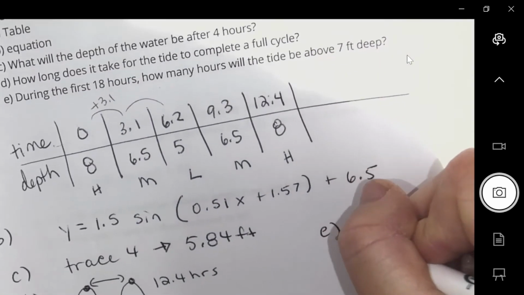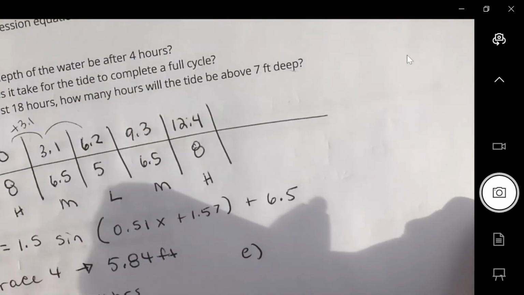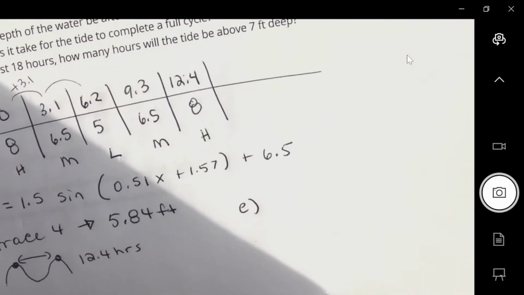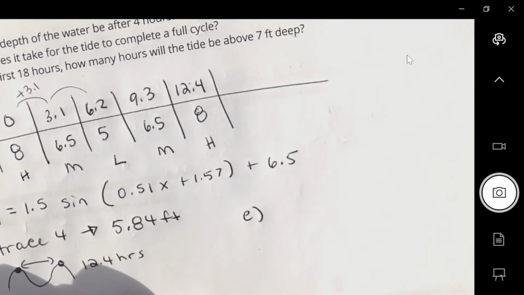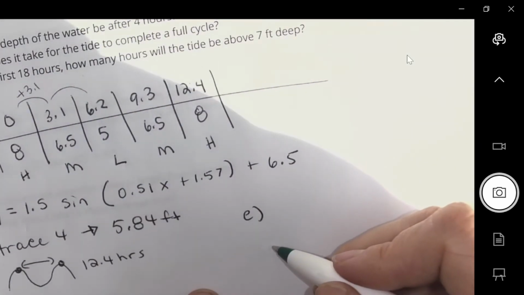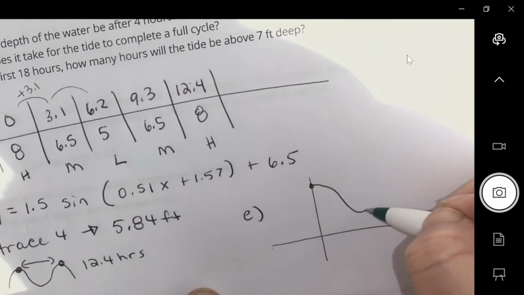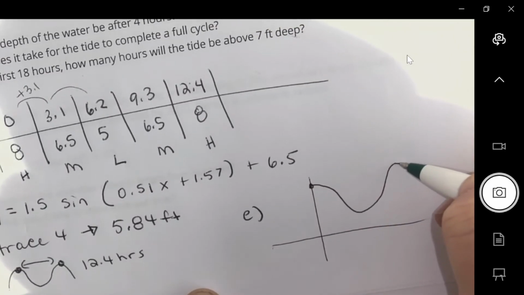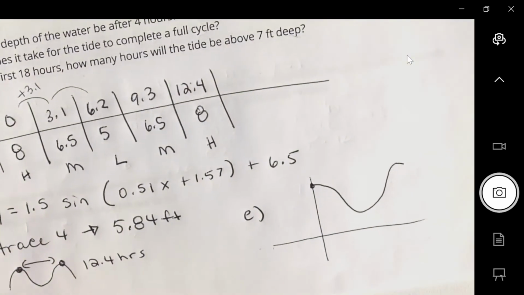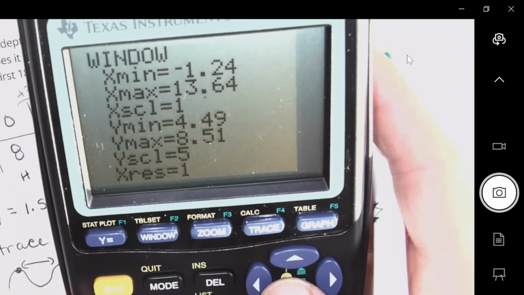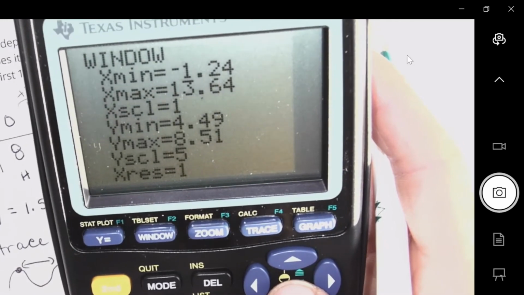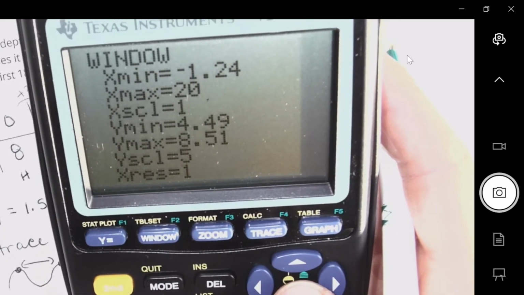Okay, question E. During the first 18 hours, how many hours will the tide be above 7 feet? Okay, so I'm going to move my window to have a, let's go 20.